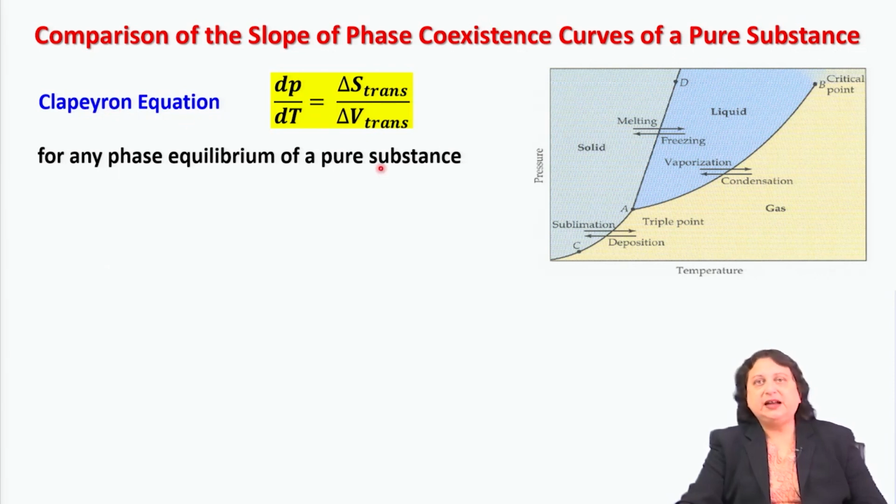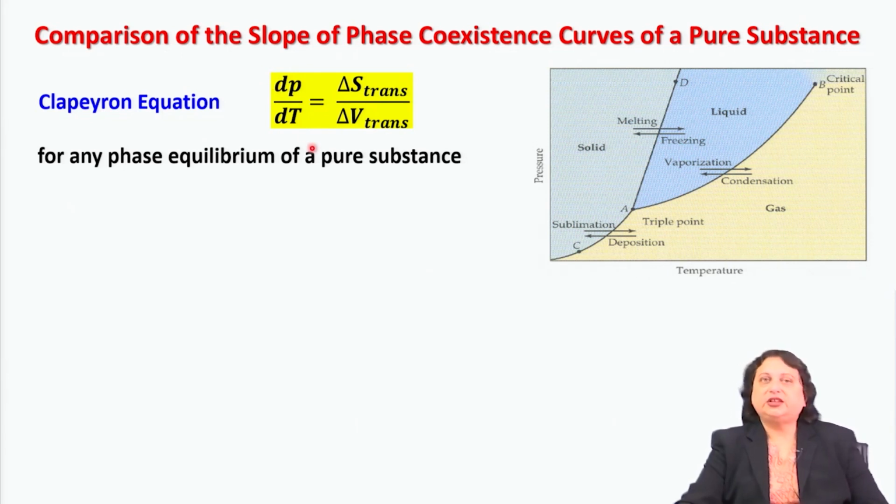So, the basic idea is I have, let us say, two phases in equilibrium, and then I am trying to change the temperature of the system by a small amount from T to T plus dT, and I will expect that the two phases will still exist in equilibrium, and therefore, it will require me to change the pressure by dP.